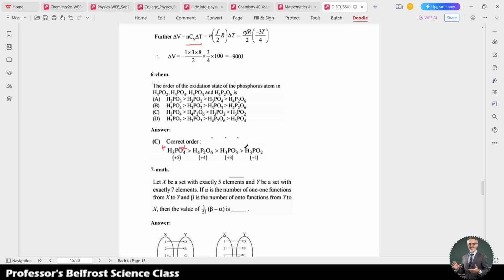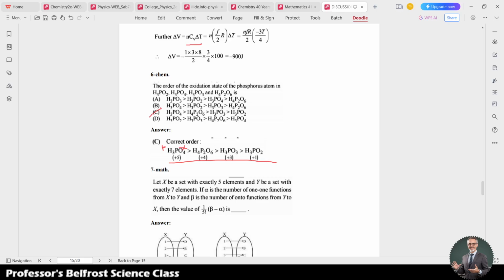Minus 3 plus 3 times 2, it means 3. And PO2, 3 minus, the last specimen. So minus 3 plus 2 times 2, that is 4 minus 3, 1. So the correct order is this, which is C.